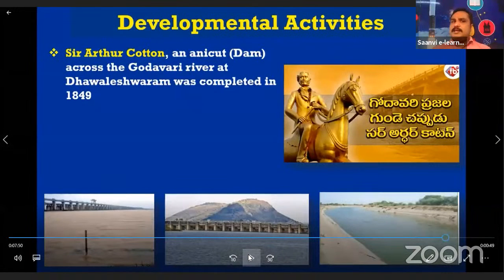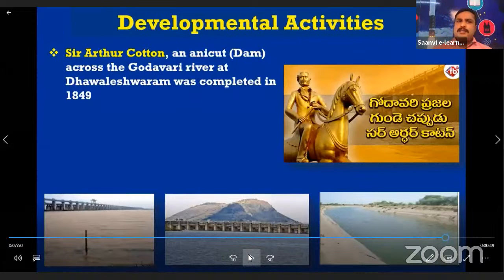Sir Arthur Cotton's dam across the Godavari at Dhavaleshwaram was completed in 1849. A dam constructed across the river Godavari. These dams we can still see if you go to this area. First it was constructed by the British, later some changes may have occurred.